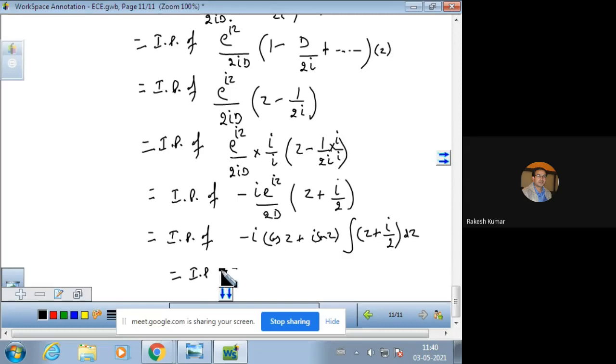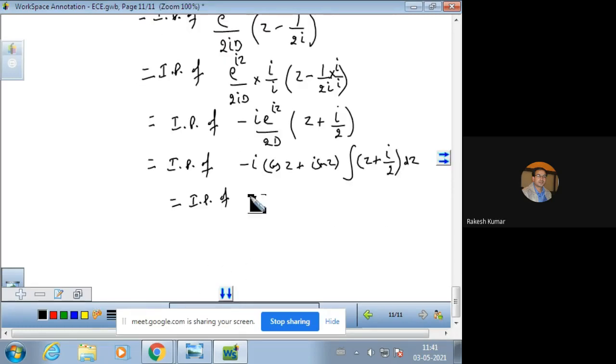So you need to find out the integration here. Imaginary part of minus iota cos z plus iota sine z. Integration will be z square over 2 plus iota z over 2. Now you have to multiply these two terms.